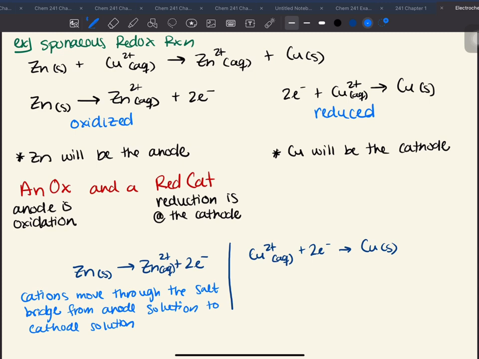So that might look like the zinc 2 plus moving through the salt bridge to the cathode solution.